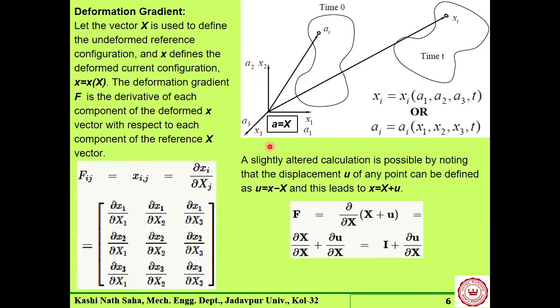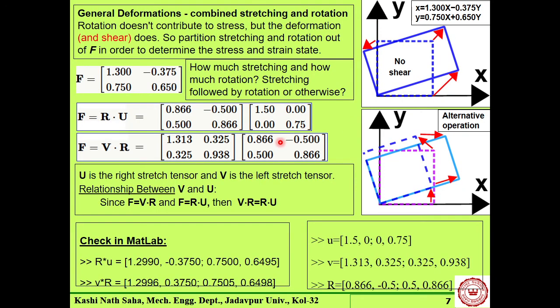So what does it signify basically? As if we can describe this thing with respect to this, as well as we can describe this one with respect to this. That part is possible.